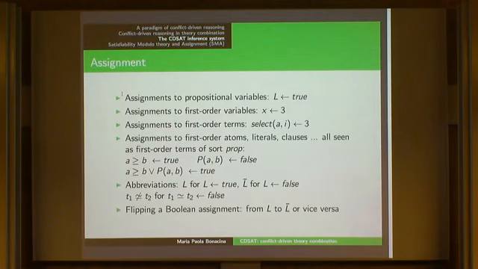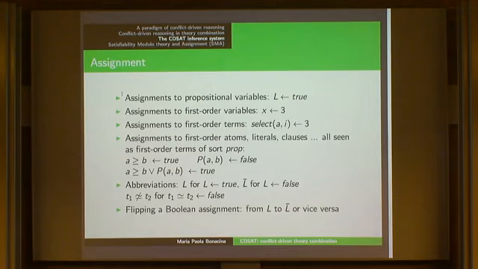Since everything is an assignment, we have assignments to propositional variables, assignments to first-order variables: L gets true, X gets 3. But then we generalize further the notion of assignment. In MCSAT, you have only these two cases, either Booleans or first-order variables. In CDSAT, we allow assignments to any first-order terms.